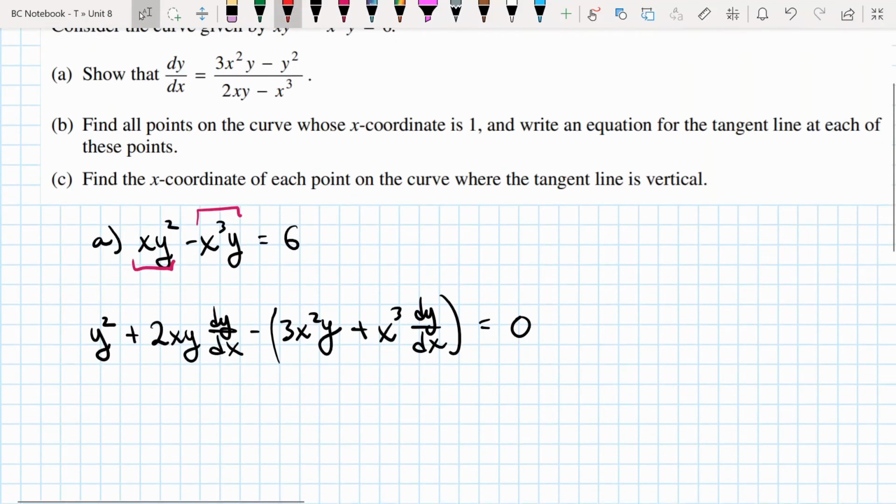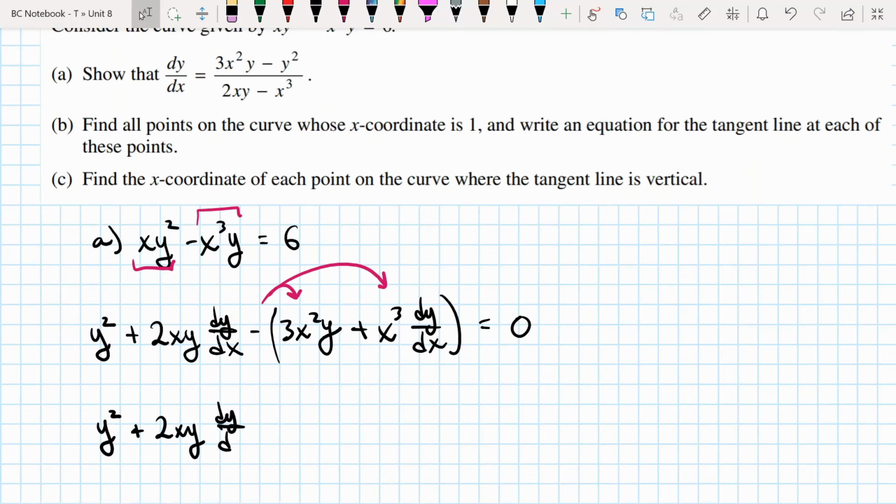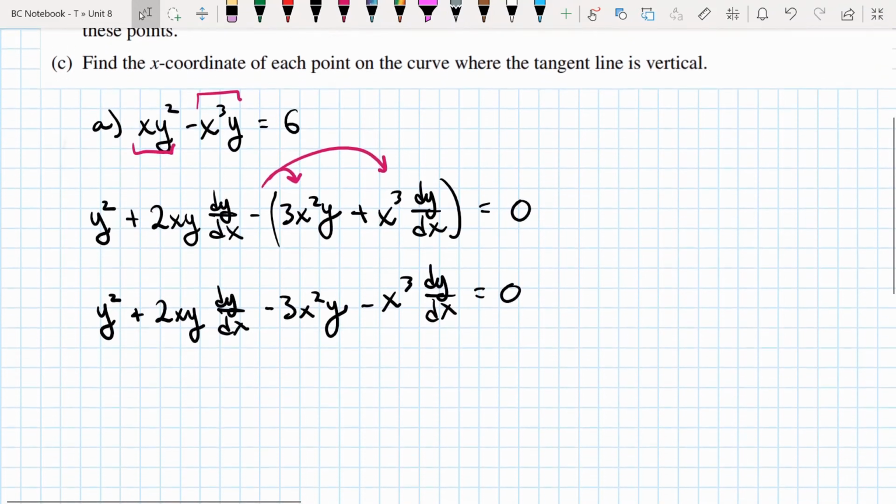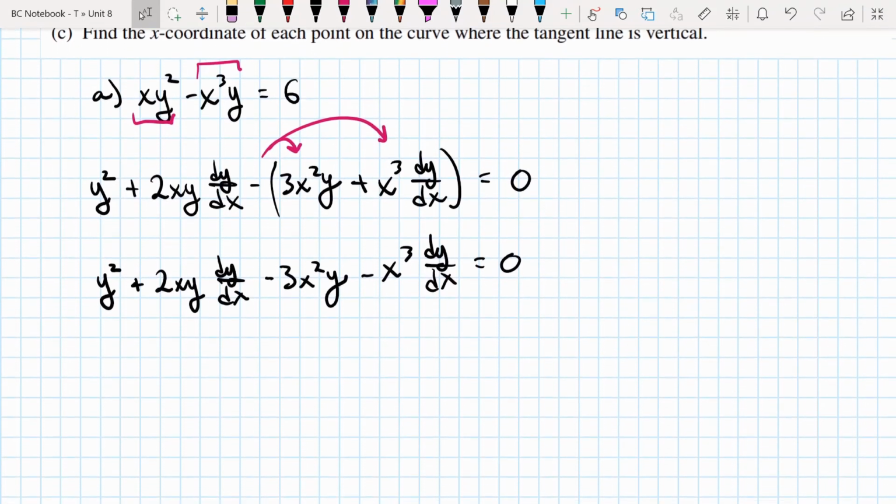Okay, now the negative will distribute to both of these terms here. And so let's rewrite this as y squared plus 2xy dy/dx minus 3x squared y minus x cubed dy/dx equals 0. Okay, now let's solve for dy/dx here by taking all the terms that don't have a dy/dx and moving them to the other side of the equation.